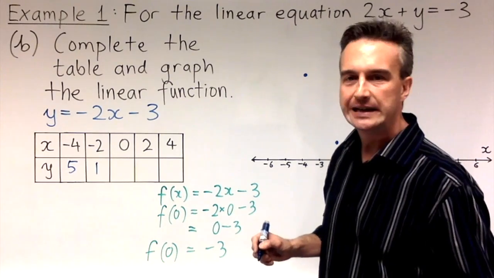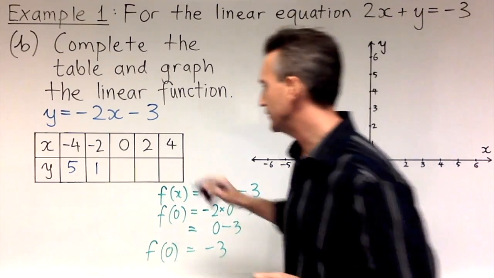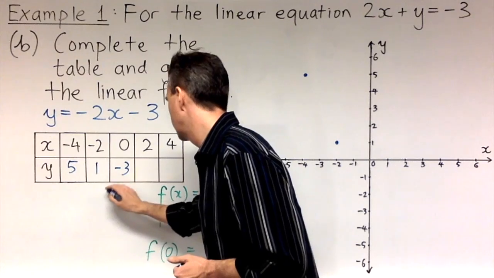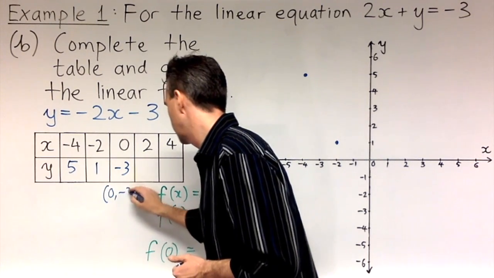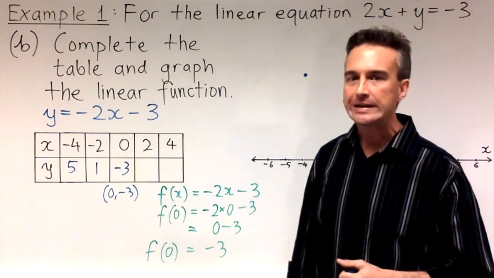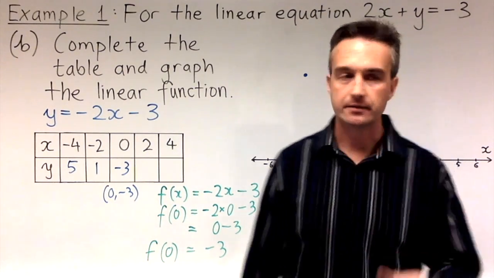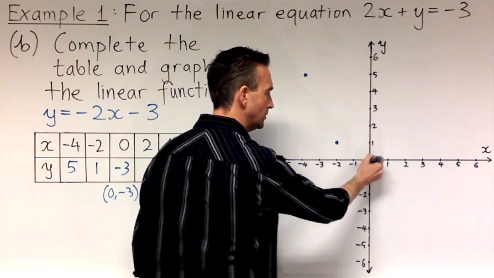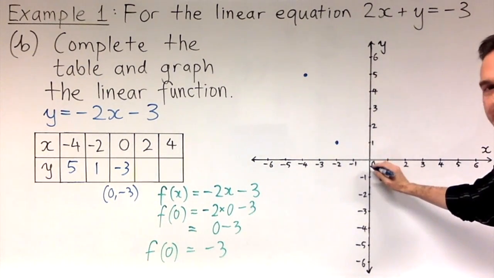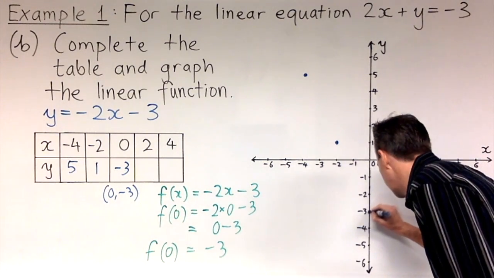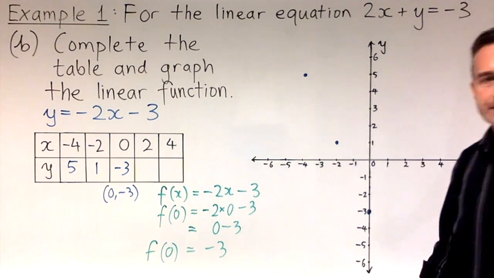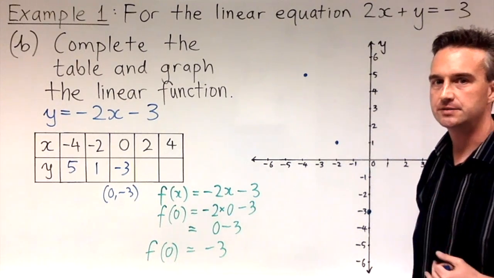That is simply saying when x is 0, y is negative 3. Giving us a point or an ordered pair, 0, negative 3. Let's plot that. 0, negative 3 goes down 3. It does not go to the left or right. And that point is on the y-axis, of course.